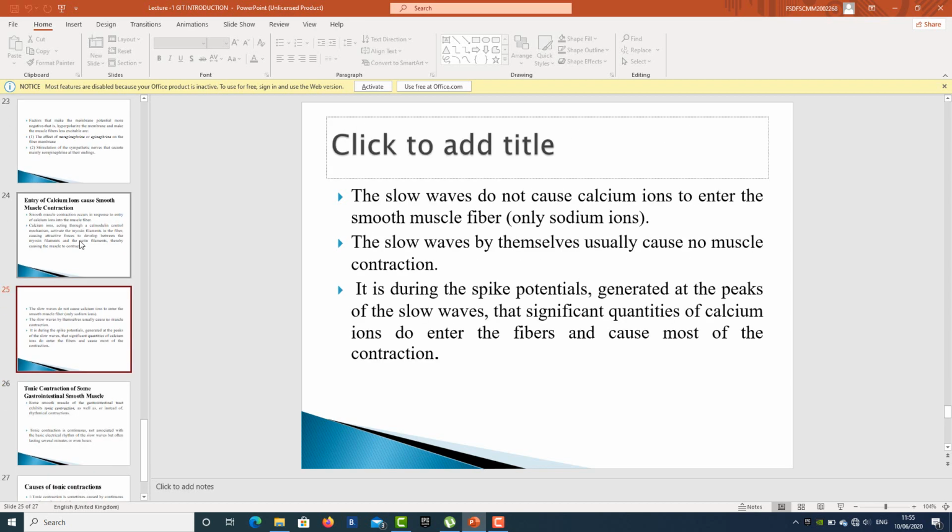The slow waves do not cause calcium ions to enter the smooth muscle fiber, only sodium ions. The slow waves by themselves usually cause no muscle contraction. It is during the spike potentials generated at the peaks of slow waves that significant quantities of calcium ions enter the fibers and cause most of the contraction.